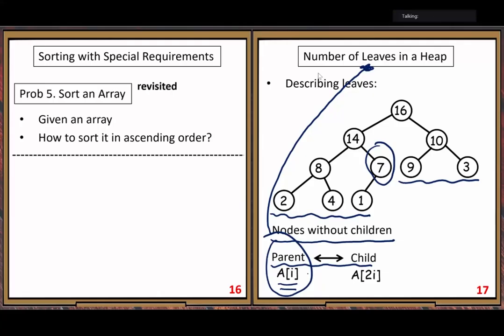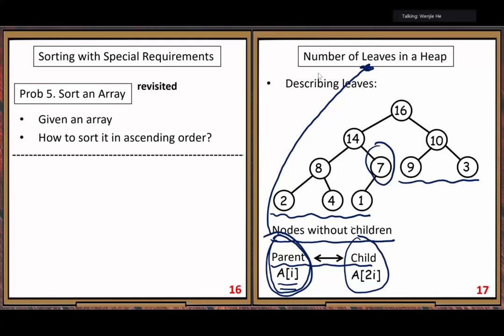Although in our discussion we treat it as a parent node, we can understand it this way. We imagine this node as a parent node, then its child node is out of the scope.